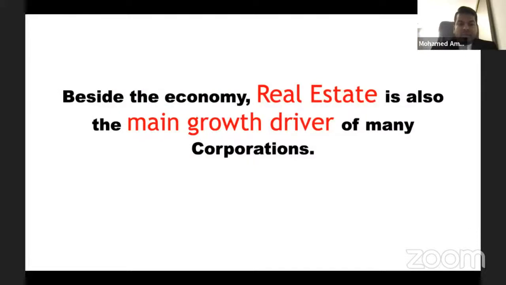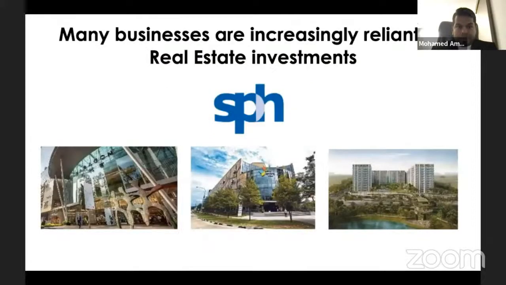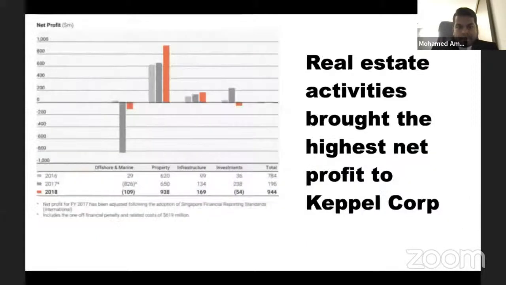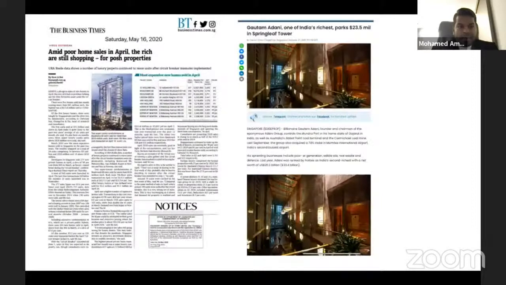Besides the economy, real estate is the main growth driver of real estate corporations. Many businesses are increasing their real estate investments as well. Real estate activities have the highest profit to capital ratio. And amid poor home sales in the property market, the rich are still shopping for posh properties.